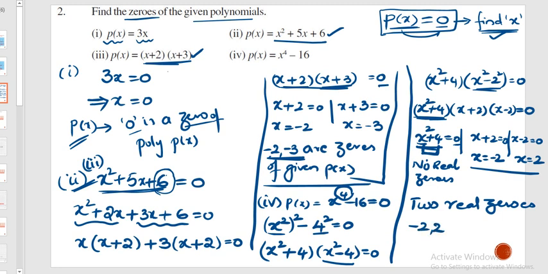Minus 2 and plus 2 are the real zeros we can find here. So minus 2 comma plus 2 are the real zeros of p of x. This is nothing but the solution for this particular fourth question, right? Likewise we need to find the zeros of the given polynomial.